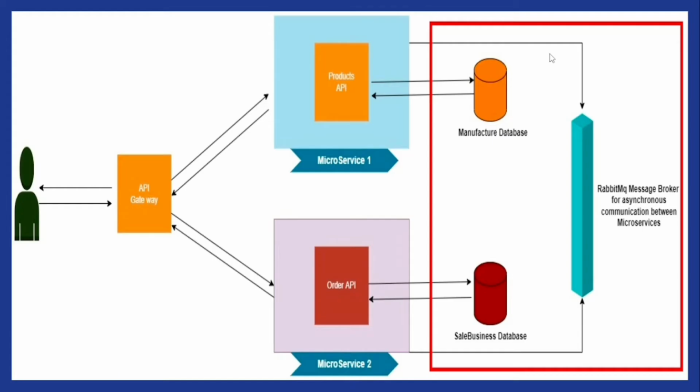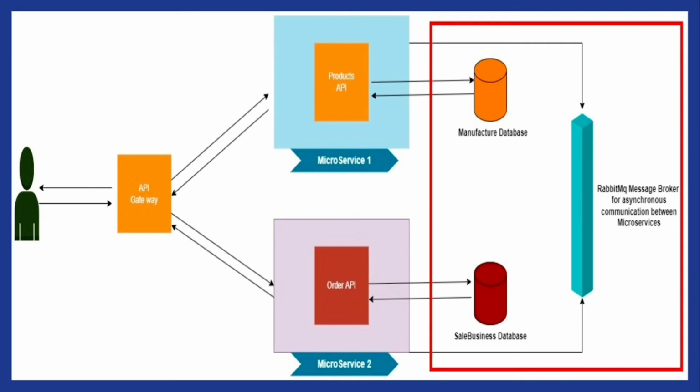So here is the flow of our microservice architecture project. We have created microservice one that contains the product API, and we have created another microservice application that contains the order API. Now here you can see the message broker that is going to create an asynchronous communication between these two microservices.